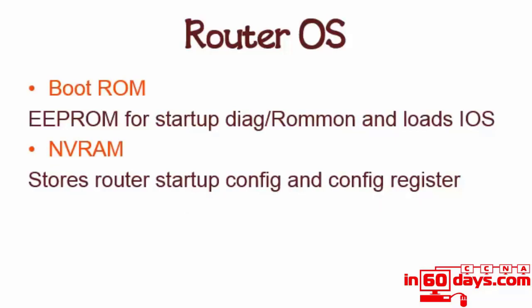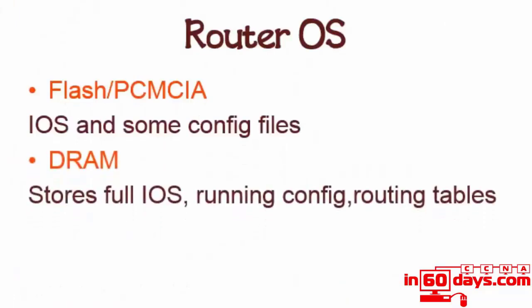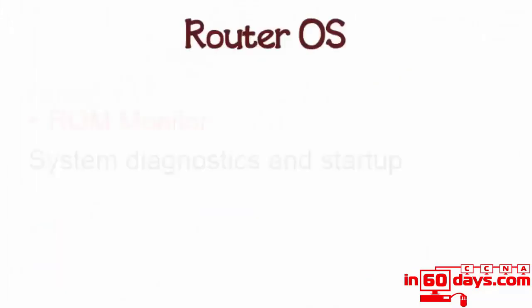Non-volatile RAM, as I mentioned, stores your startup config and config register, so that'll have some sort of power source where it can retain configuration commands. The router operating system can be stored in flash memory, or as I said, the PCMCIA cards. Your DRAM is for your full operating system when it's expanded, routing config and running tables.